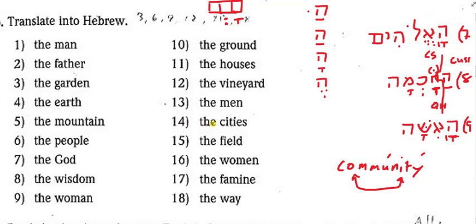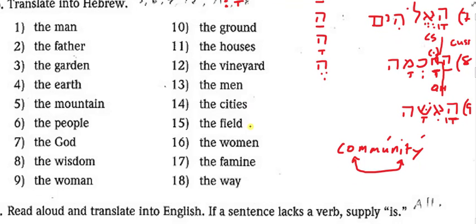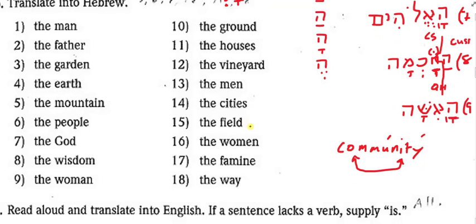Oh, okay, number 14 was an example of that. Did you guys, on number 14, did you have ha, or he? What did the rest of you do? What do you have for number 14? He? Okay.